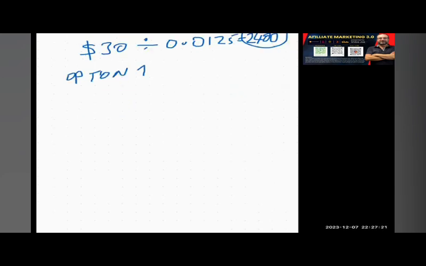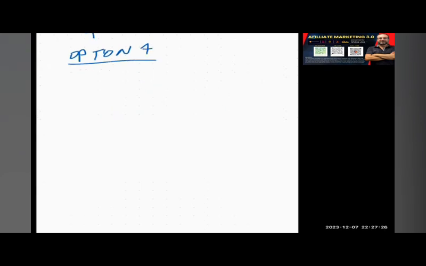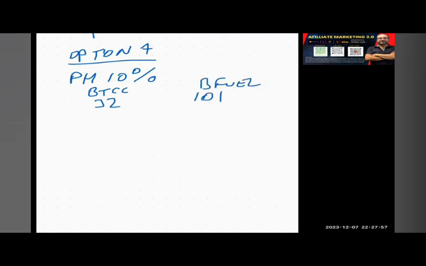So let's say you're going to partial harvest 10%. My BTCC, for example, on one of mine is 32. I've got 32 BTCC. My B fuel costs on that is 101,934.